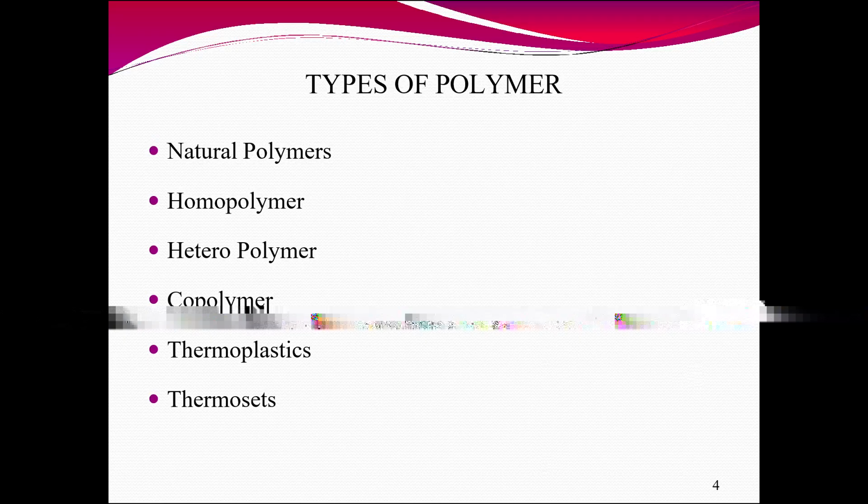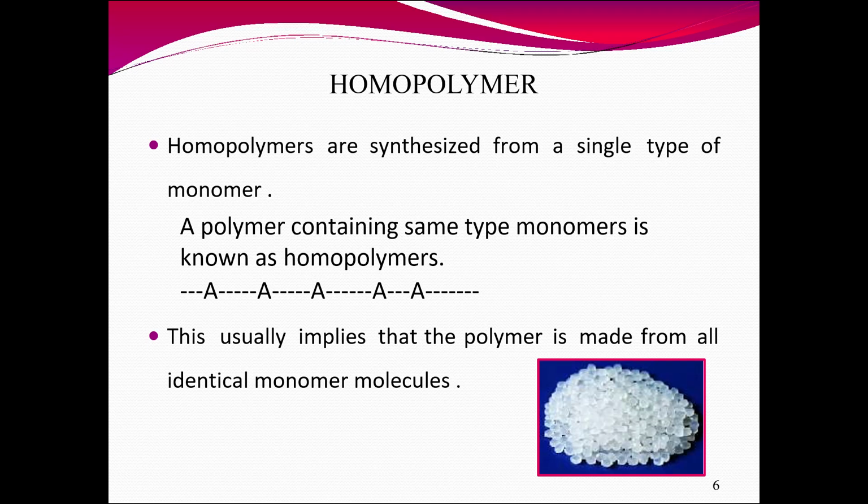A polymer which contains the same type of monomer is known as a homopolymer, and this polymer type usually implies that the polymer is made from all identical monomer molecules.